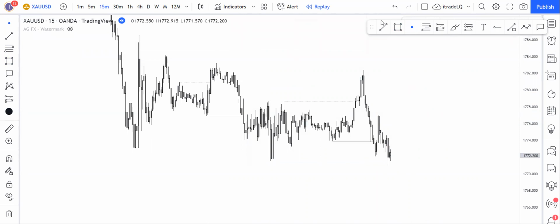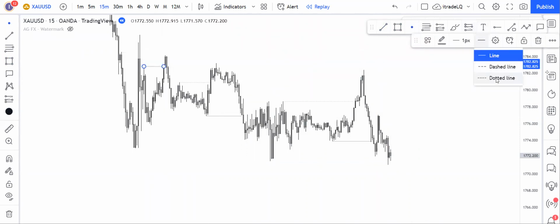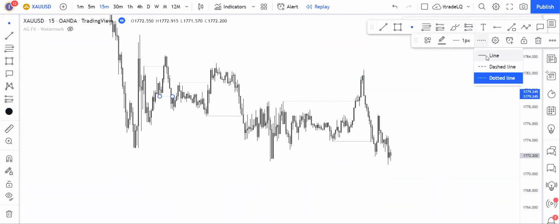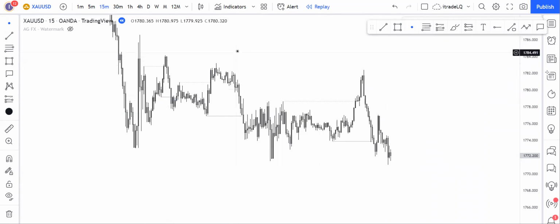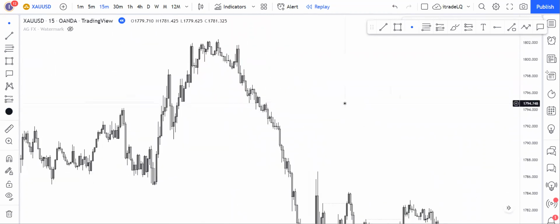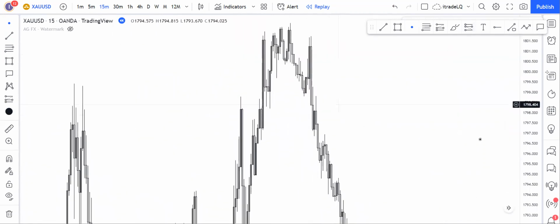So here's another strong high. Took out liquidity and broke structure. Notice the 3 candle formation. Okay, let's go over here. Here's a strong high.